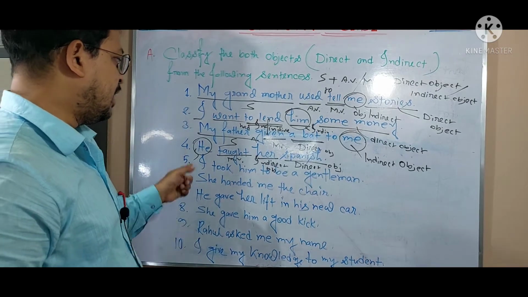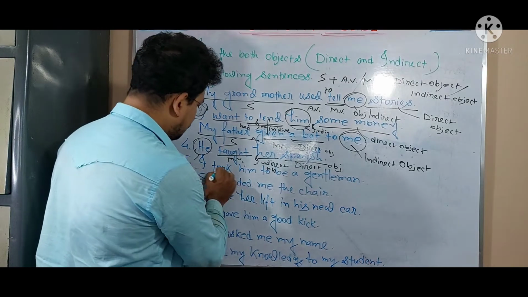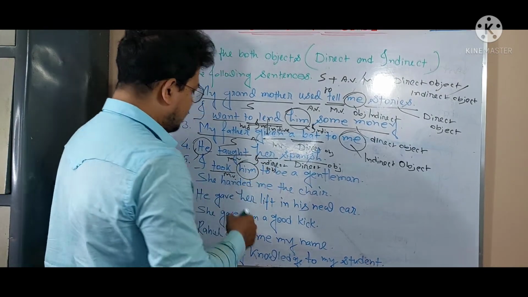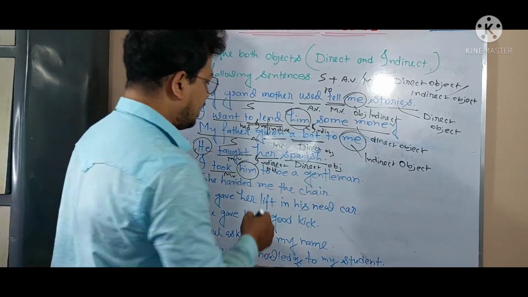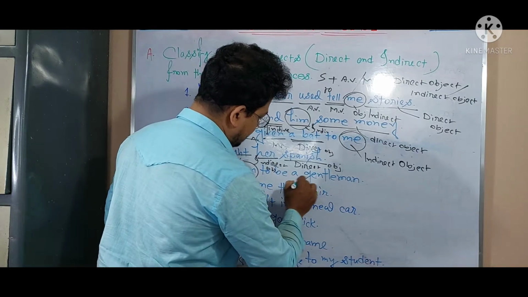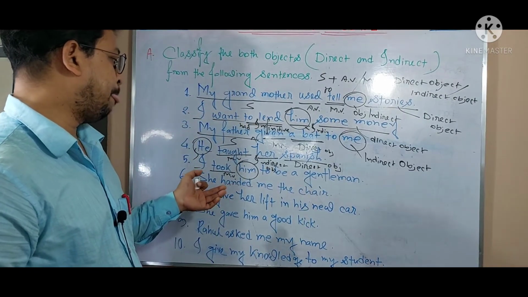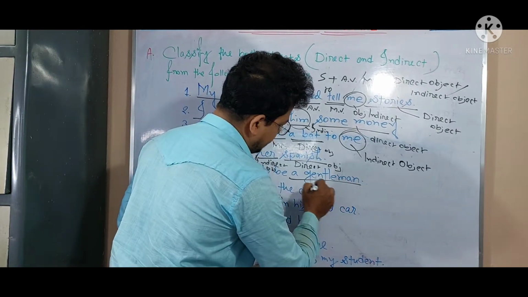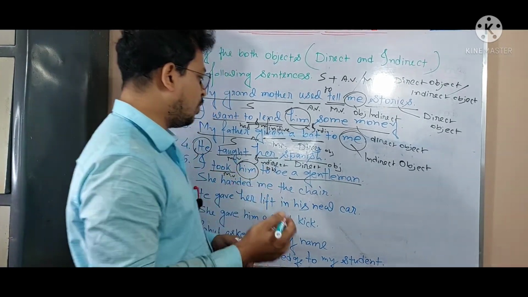Next, another sentence we will see. Number 5: I took him to be a gentleman. So I is the subject, took is the main verb. Whom did I take? Him. And to be a gentleman: what have I taken him as? As what kind of person?